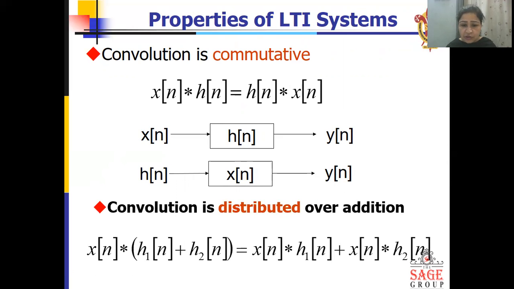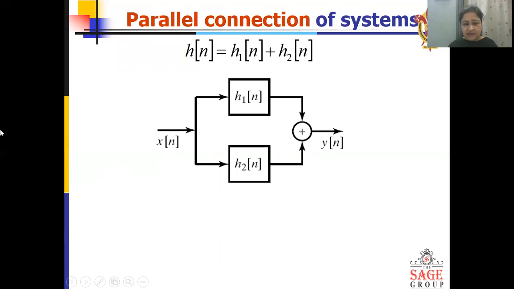Now, convolution is also distributive over addition. That means xn convolved with h1n plus h2n will be equal to xn convolved with h1n plus xn convolved with h2n. Say I have an input xn and I give it to two systems with unit impulse responses h1n and h2n, and the outputs generated are added to give yn.